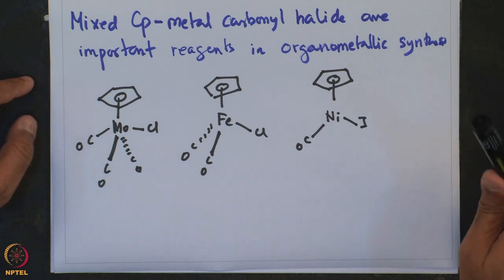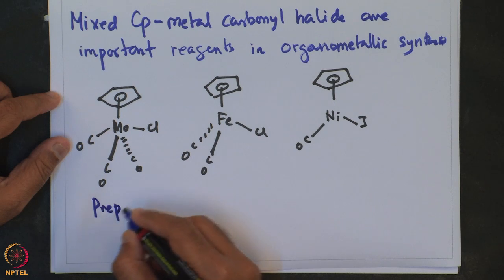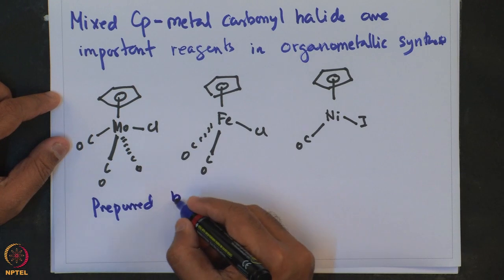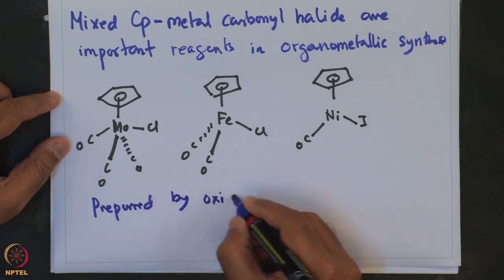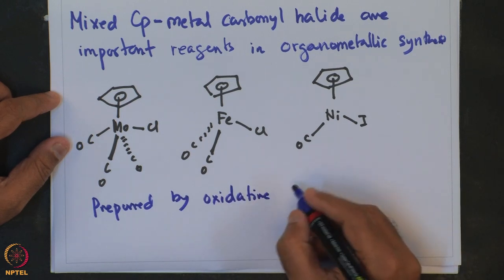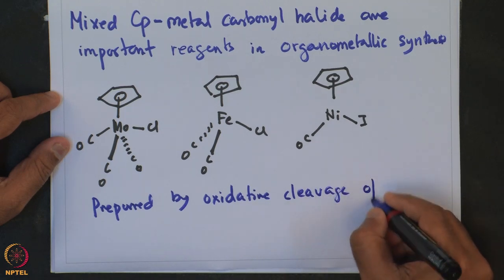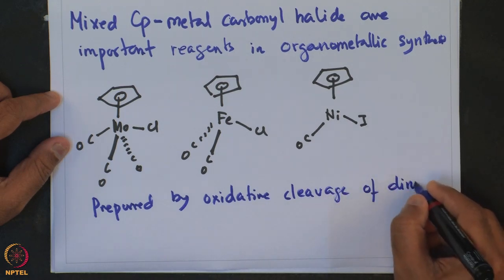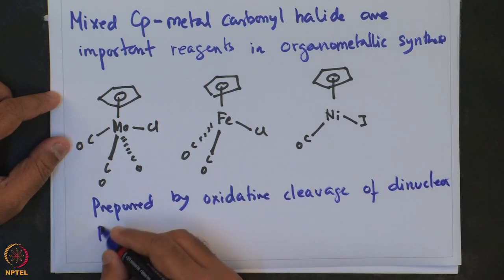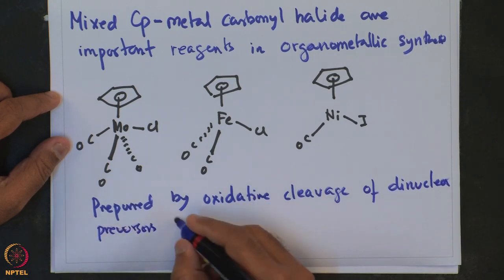So, these compounds are prepared by oxidative cleavage of dinuclear precursors by dihalogens.